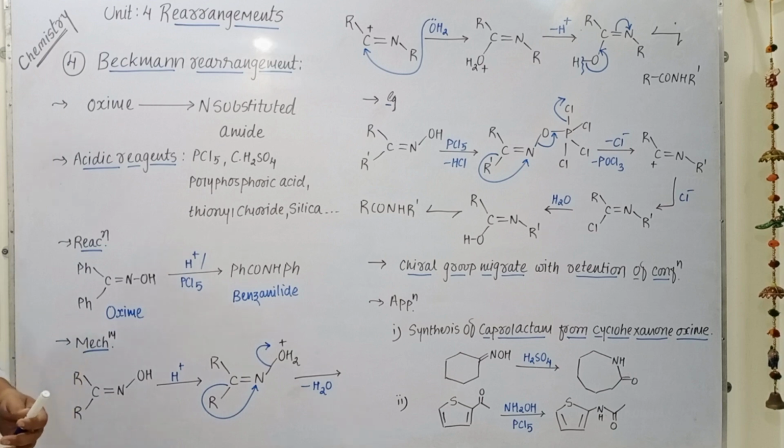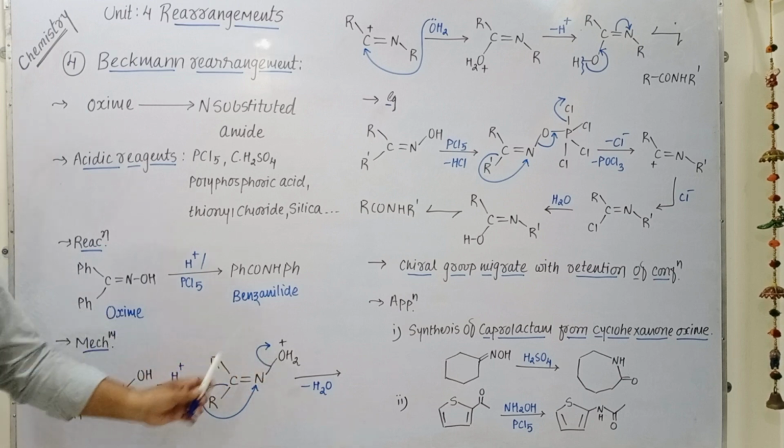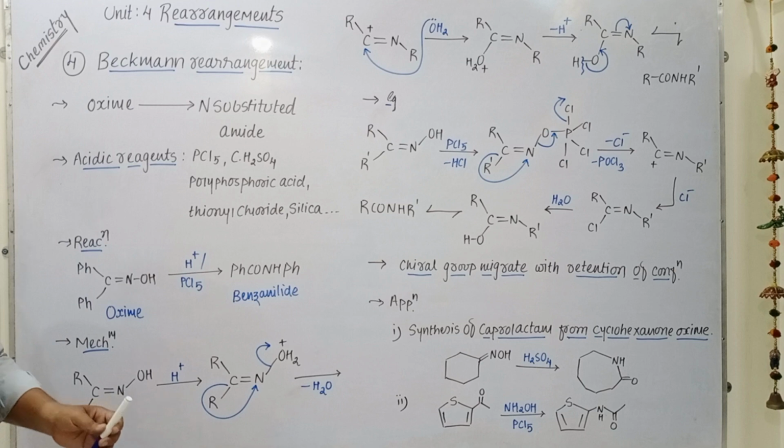So how this rearrangement is carried out can be easily explained with the help of the mechanism. As we can see here, when oxime reacts in acidic media, what will happen? As we all know, oxygen has a lone pair of electrons, so it will abstract a proton and give OH2 plus. Clear?